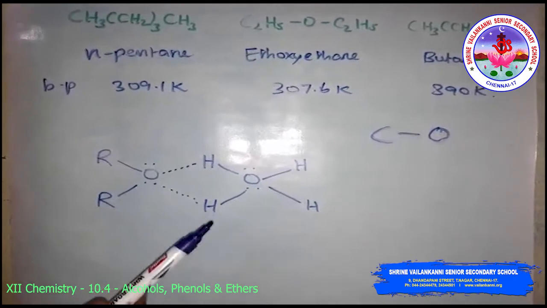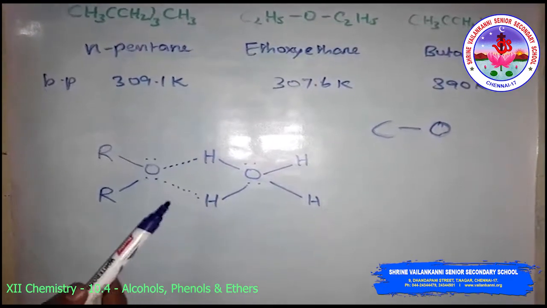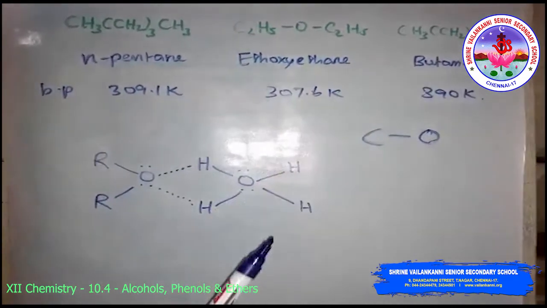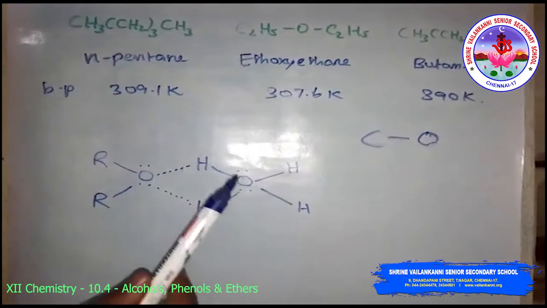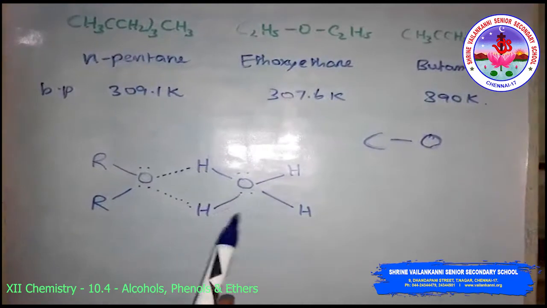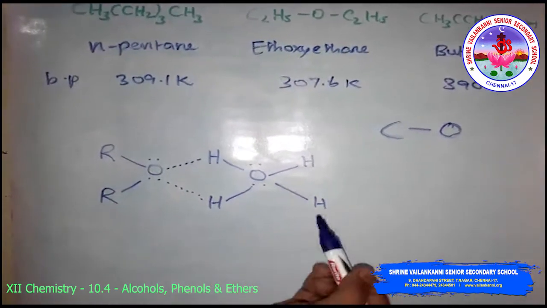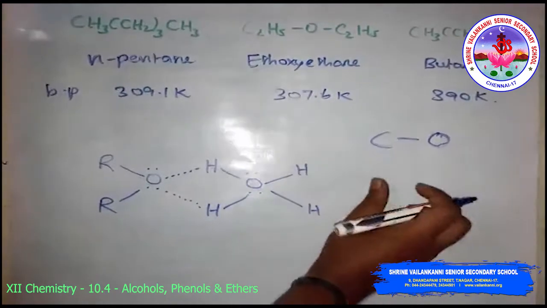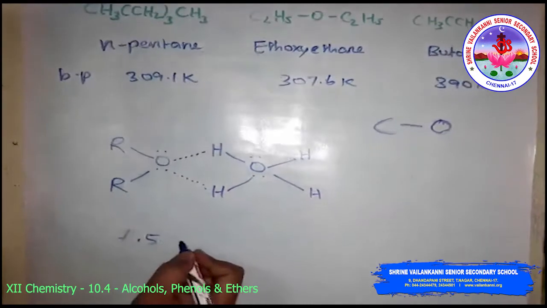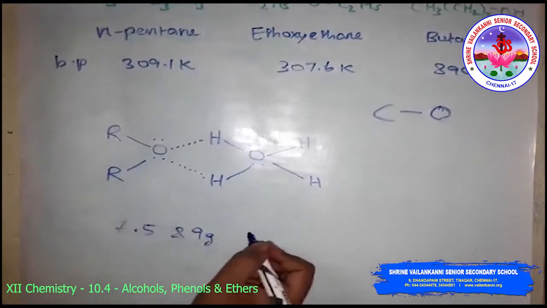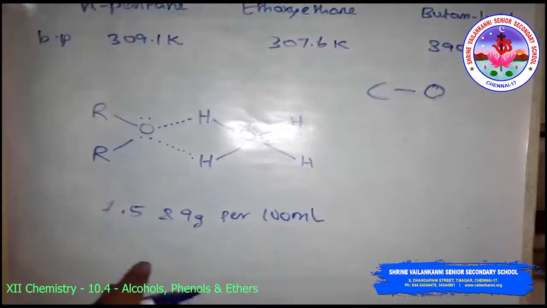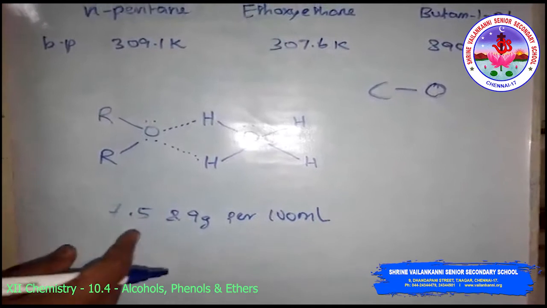Thus the miscibility of ether with water resembles that of alcohol of the same molecular mass. Both ethoxyethane and butan-1-ol are miscible to almost the same extent, that is, 7.59 gram per 100 ml of water, while pentane is essentially immiscible with water.